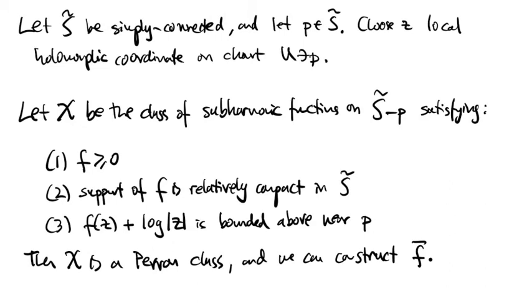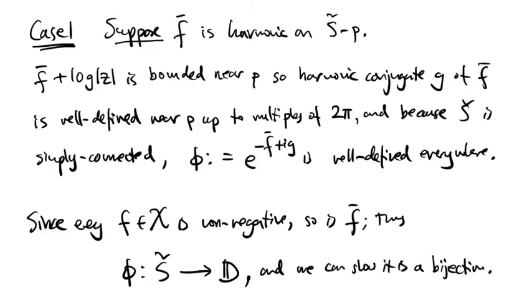Moreover, it is obvious that X is a Perron class, and therefore we can construct the function f bar by the Perron method. Perron's theorem guarantees one of two possibilities for the function f bar. It's either harmonic or it's identically equal to positive infinity.